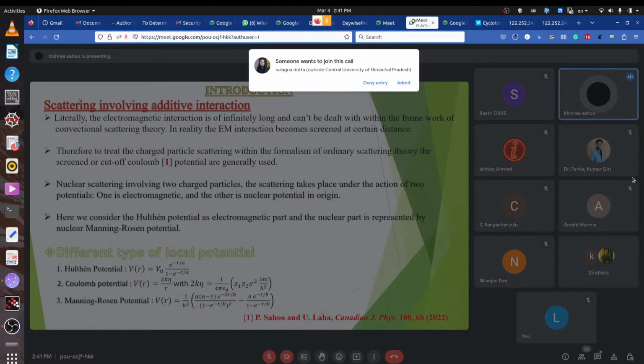We use these two types of local potential, and we take the screening radius as A and B for the Hulthén potential and the Manning-Rosen potential respectively.